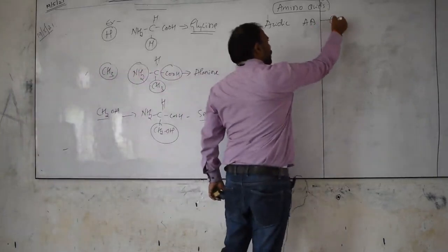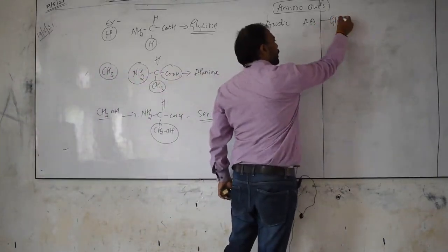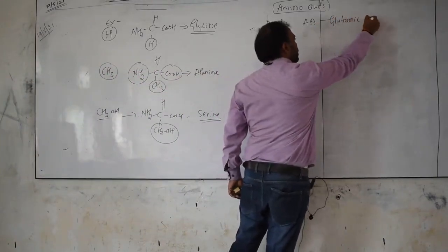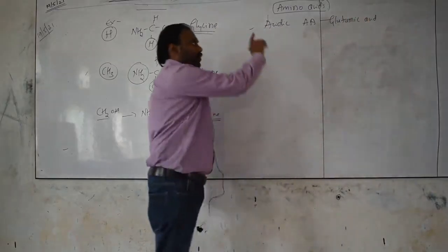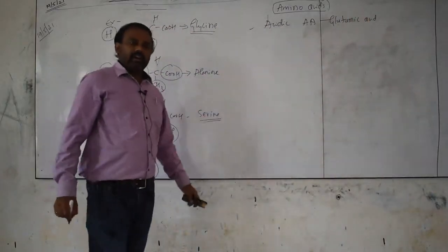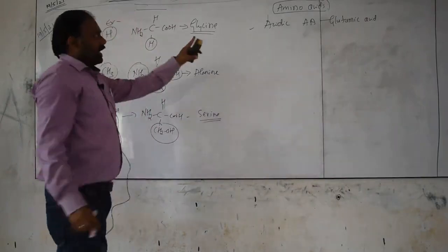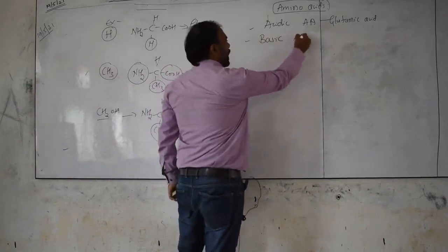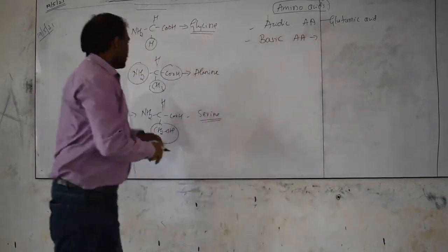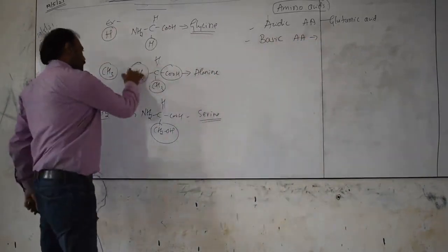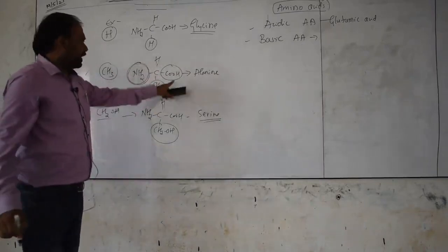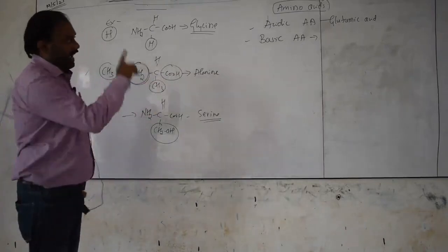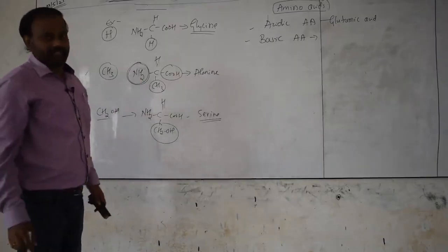Example, as the name indicates, glutamic acid. Glutamic acid is one of the 20 amino acids. And then basic amino acids, meaning same structure but the number of amino groups will be higher than the acidic groups, so we consider it a basic amino acid.